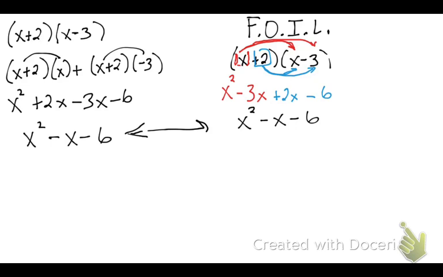Why don't you try practicing multiplying using FOIL with this problem. 2x minus 3 times 4x plus 5. Hit pause and give it a shot.